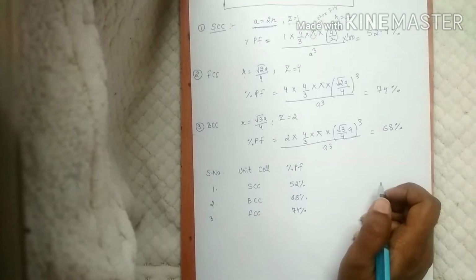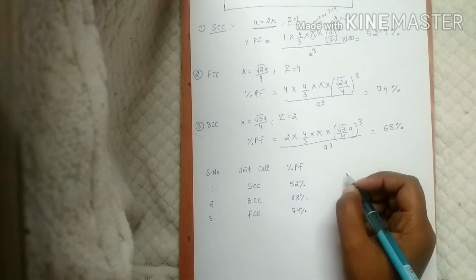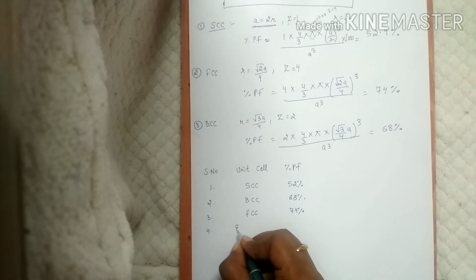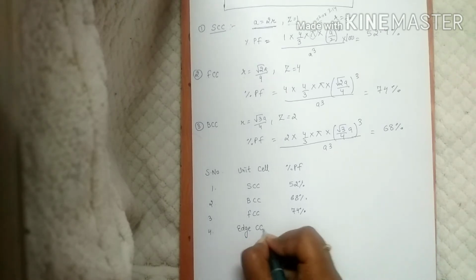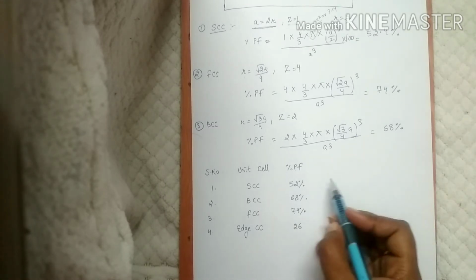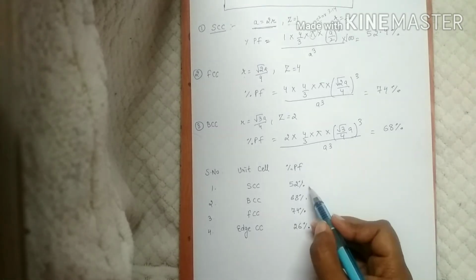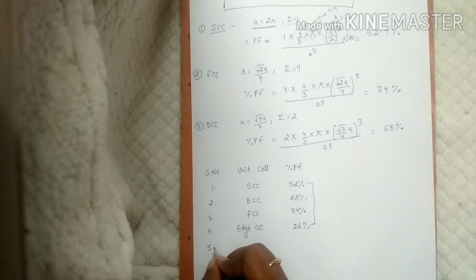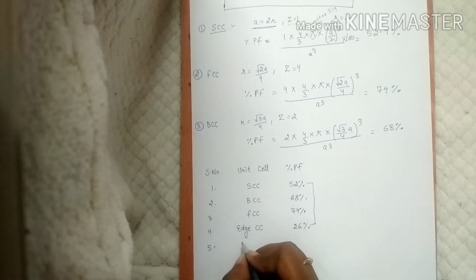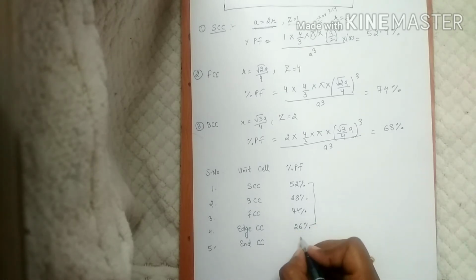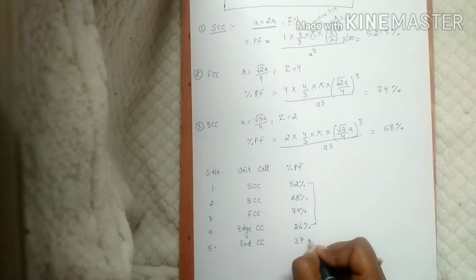Now if you want the value of edge CC, then it is 26. It is almost half of this one. Fifth is your end CC. It is half of FCC. It is 37%.